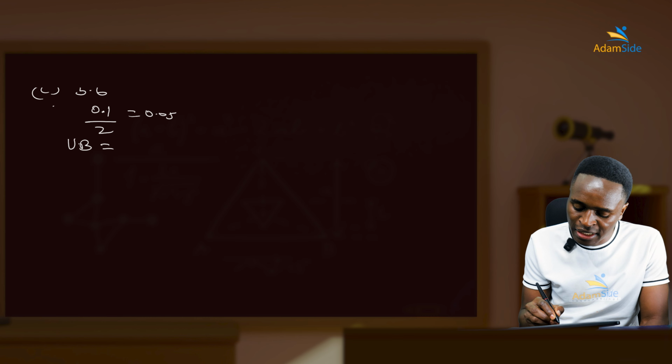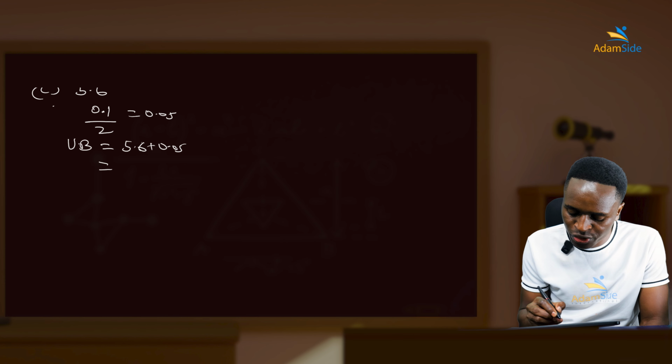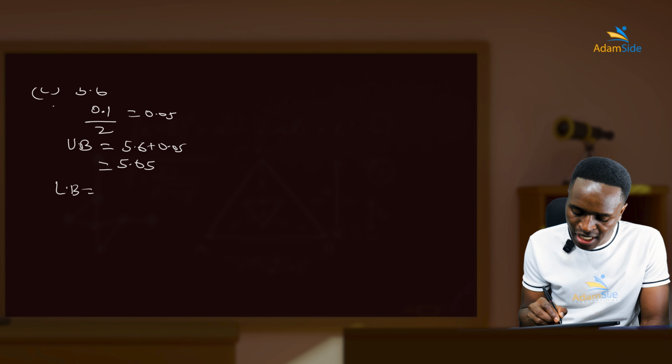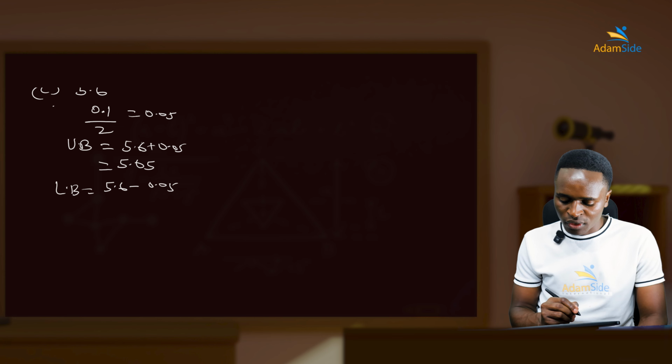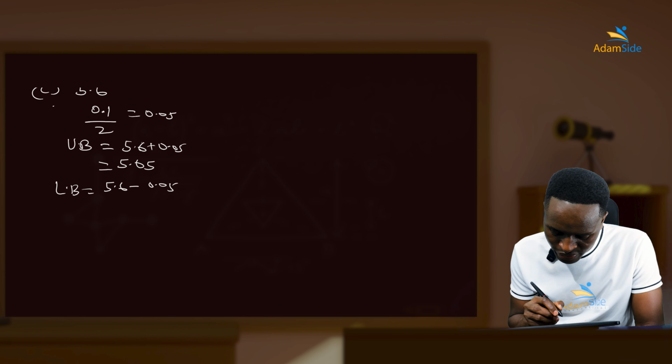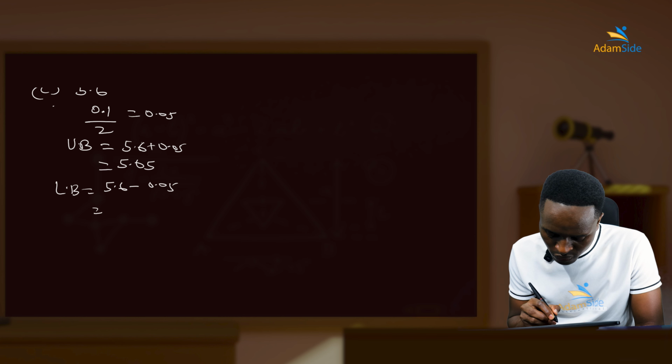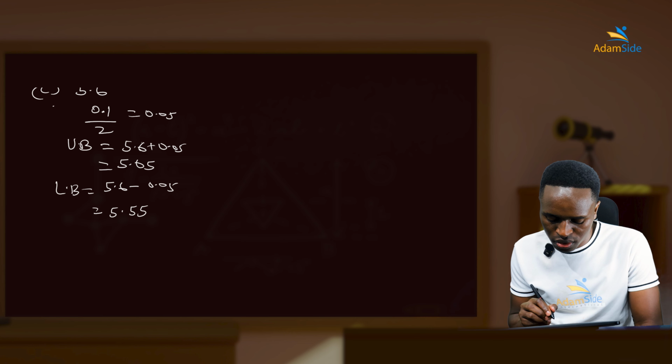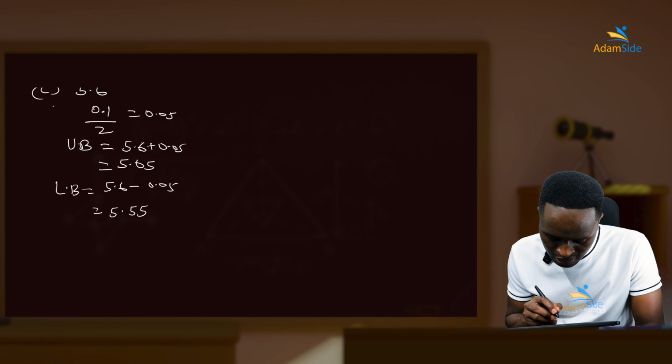You can only get the upper bound by adding the number 5.6 plus 0.05. And then what do you get? You get 5.65. And then the lower bound, you will take the actual number 5.6 minus 0.05. And then what do you get in that scenario? If you do that, you get 5.55.